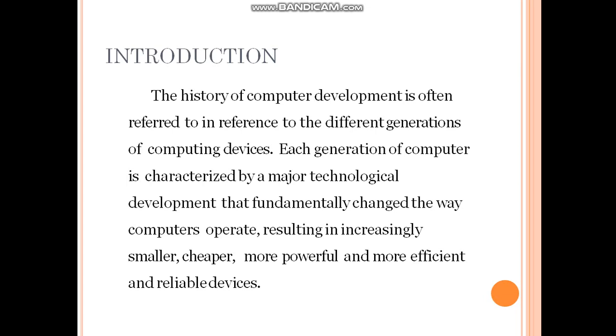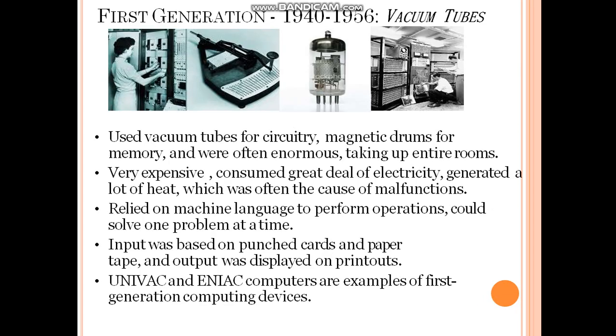So every generation used a different technology. By using a different technology, we reduce the size, we reduce the price, and we increase the power and efficiency of computing devices. So starting from the first generation of computer.